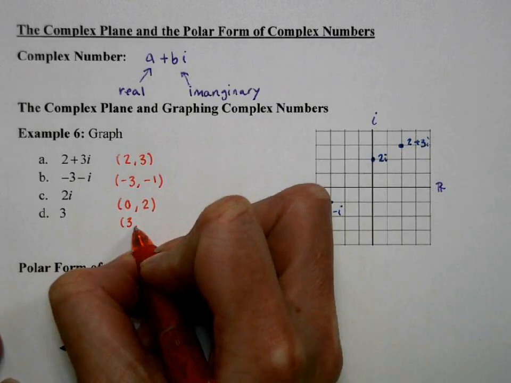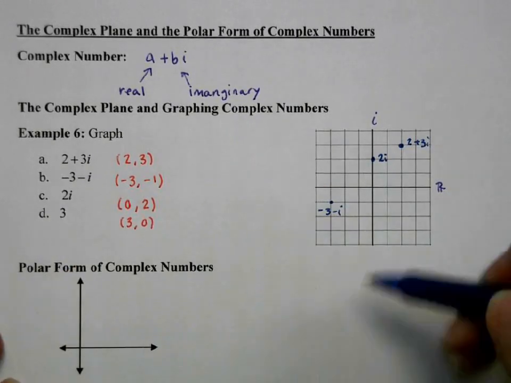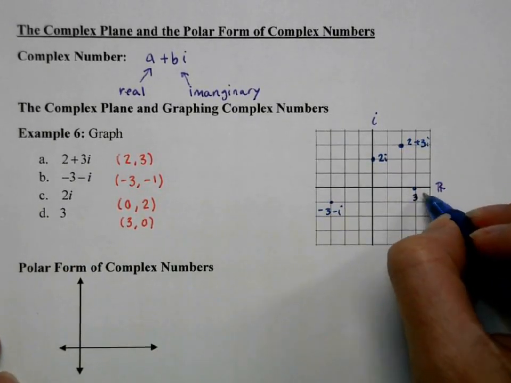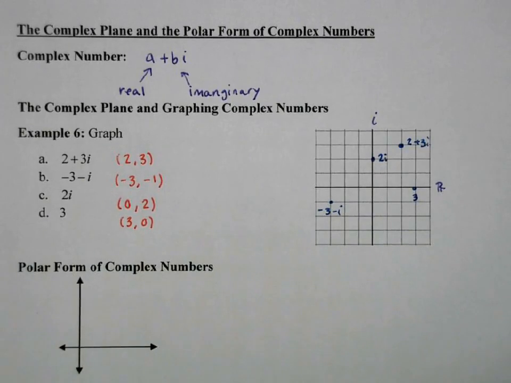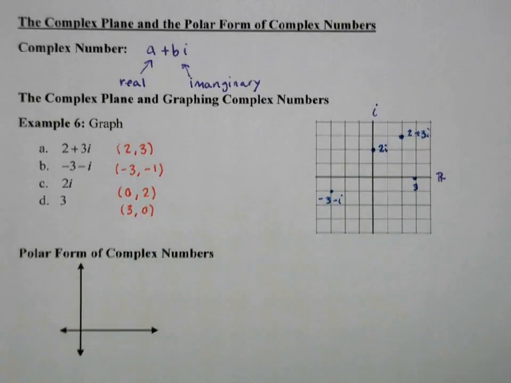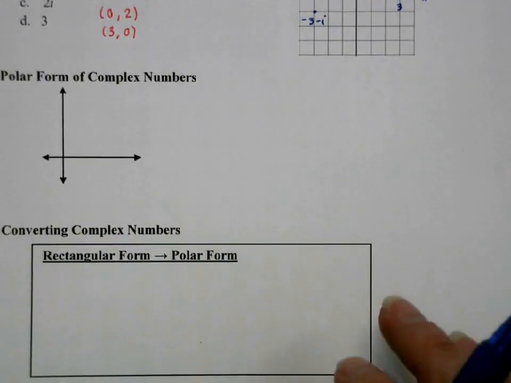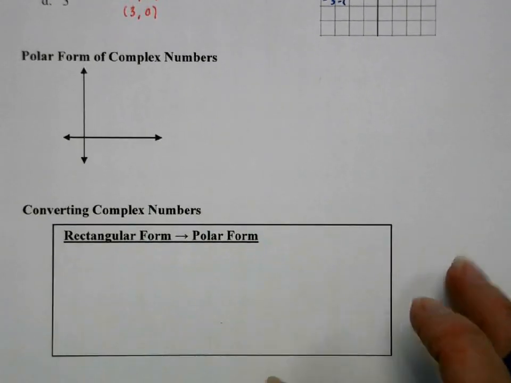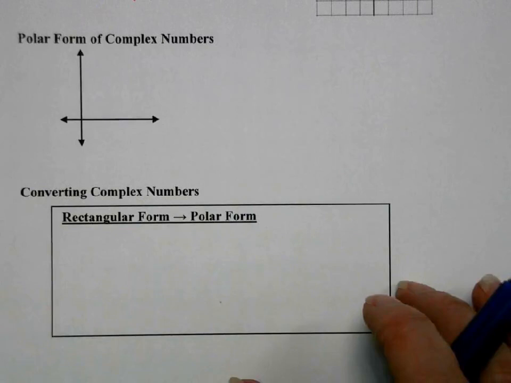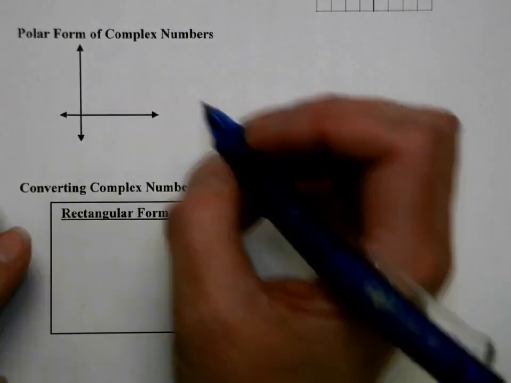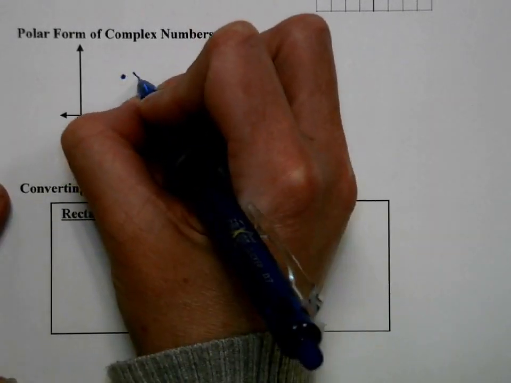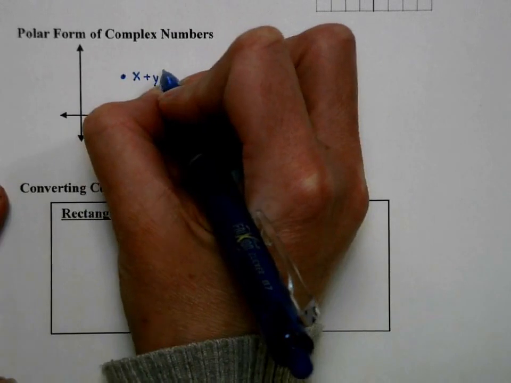Okay, so what we can do is turn these complex numbers into their polar form. The math is going to be identical for the most part to what we've been doing. It's just the structure is going to look a little bit different. So if I have a complex number and we have the corresponding coordinate x, y, we're going to call this x plus yi.